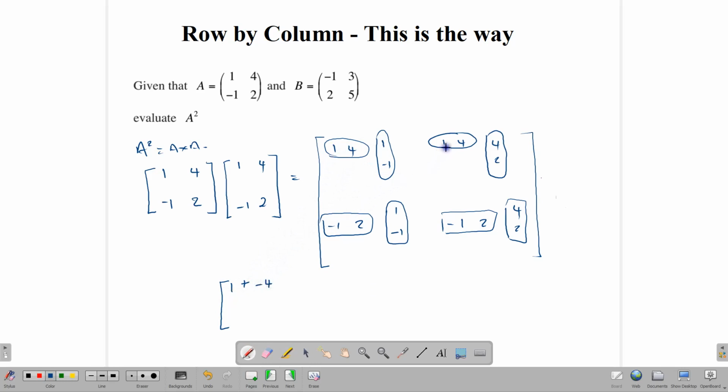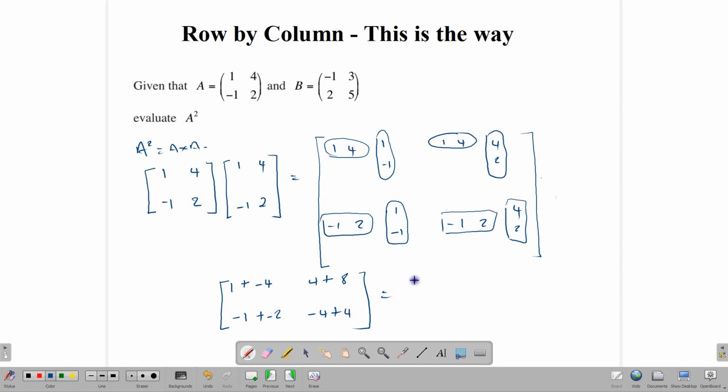Going across still, 1 times 4 is 4, plus 4 times 2 gives us 8. Second row: -1 times 1 gives us -1, and 2 times -1 gives us -2. And then here, 1 times -4 gives us -4, and 2 times 2 gives us 4.